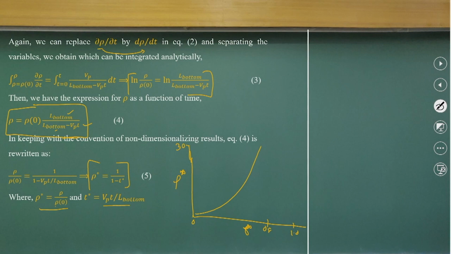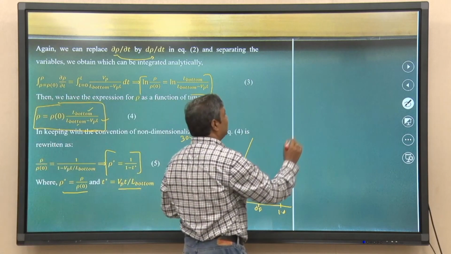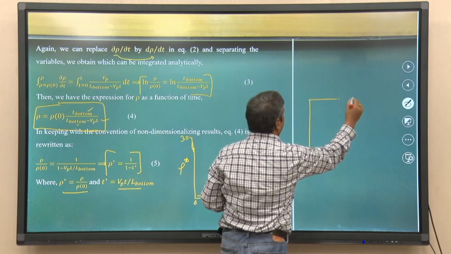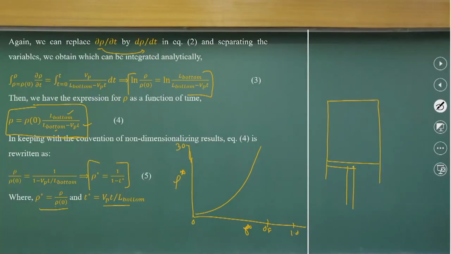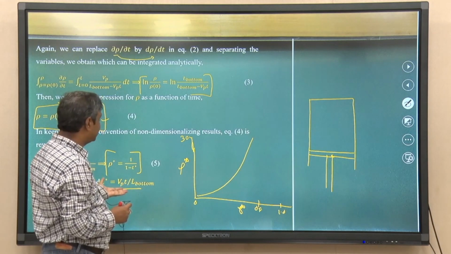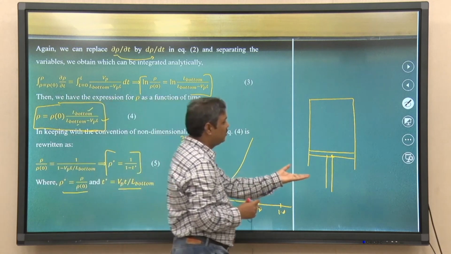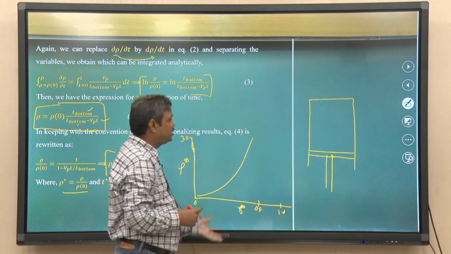So, what it says is that if you try to physically interpret these problems, whenever you solve problems, it is more interesting to understand the physical component of the problem instead of only looking at the mathematical component. When L bottom is equal to 0, that means the piston moves to the 0 level, which is not possible.